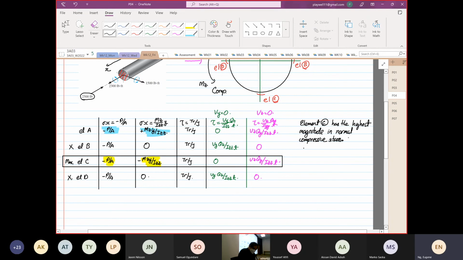Therefore, it is selected for analysis. Okay, so let's now sketch our element.